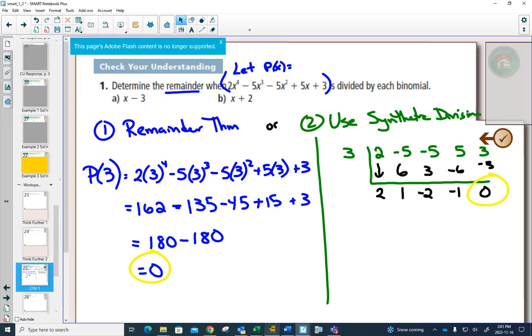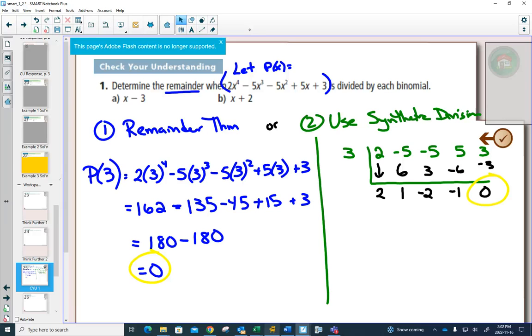You knew that practicing that last night would come in handy, right? In the remainder theorem, you had to do 3 to the 4, which is 3 times 3 times 3 times 3 is 81, then times it by 2 to get 162. That's pretty big. 27 times 5, that's some pretty big multiplication. So the mental math is a little bit harder.